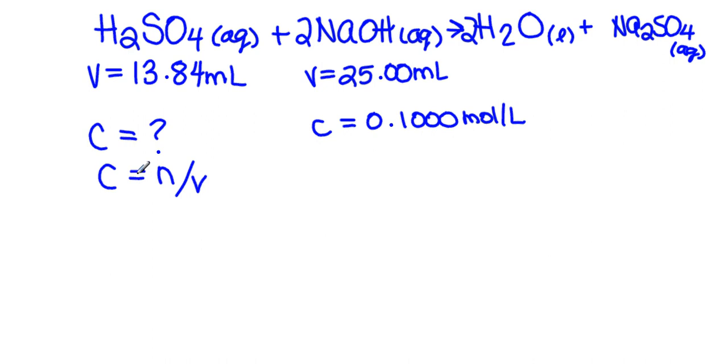So what am I going to do? First thing I need to do is find out how many moles of sodium hydroxide I have. We'll map this out up here so we can keep it as reference. Then I'm going to need to find the moles of sulfuric acid.